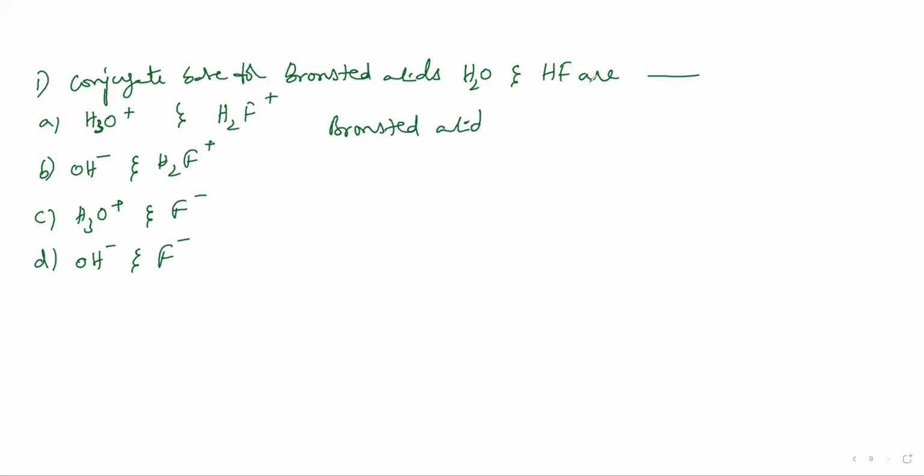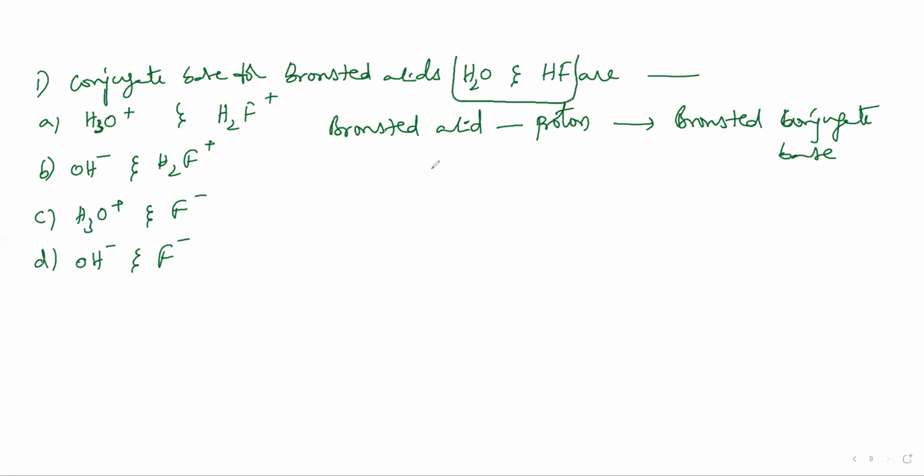So Bronsted acid minus proton gives you the Bronsted conjugate base. Now let us consider these two, H2O and HF.